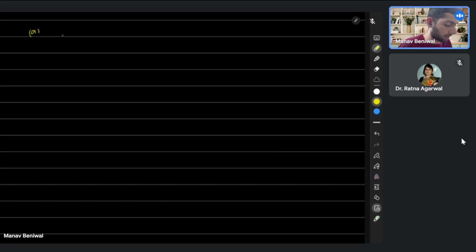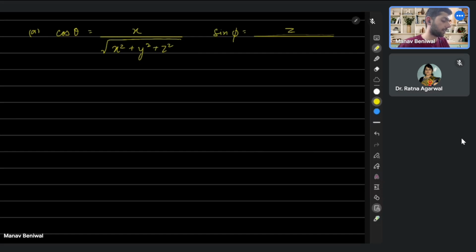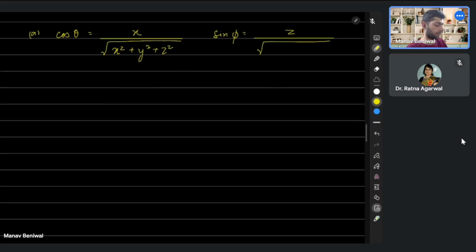Equation A is that cos theta is, and sin phi is. You will note that these equations are relating the Cartesian coordinates with the polar coordinates. So this is option A. Let me write option B.